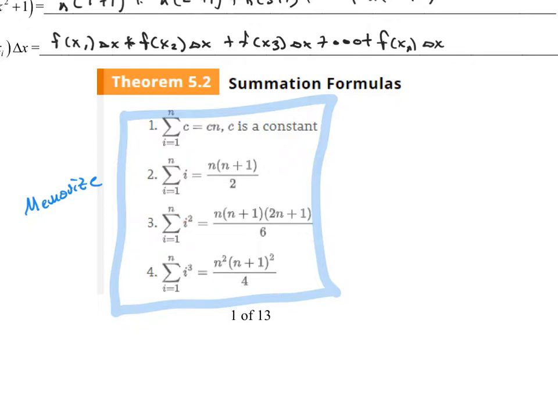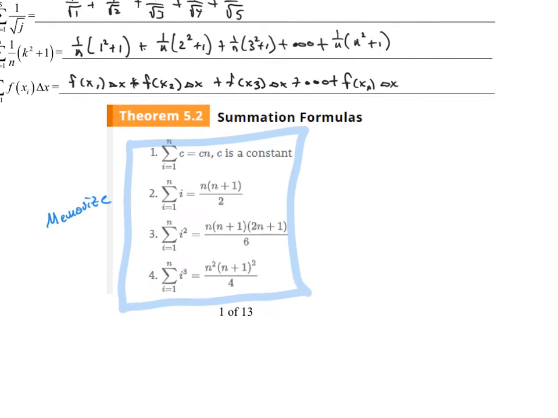If I wanted to know the sum of the first 20 numbers squared, rather than doing 1 squared plus 2 squared plus 3 squared all the way up to 20 squared, I could just do 20 times 20 plus 1 times 2 times 20 plus 1 all divided by 6. So I could plug these into the closed form formulas and get the actual summation, the actual answer, very quickly. So we're going to refer to these numerous times.